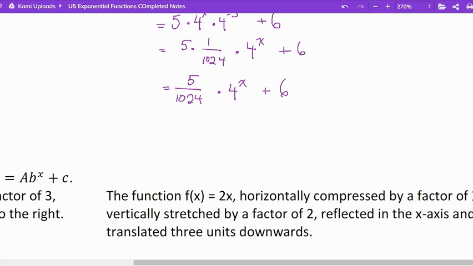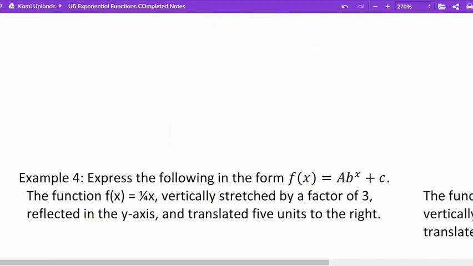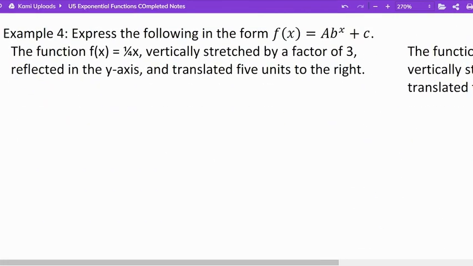But what does the 5 over 1024 show me? That it goes from this to this. It grows very slowly. What does the plus 6 tell me? That's right. It goes up by 6. That's where the asymptote is. Yes. All right. Let's do 2 more questions, and then I'll give you time to practice.